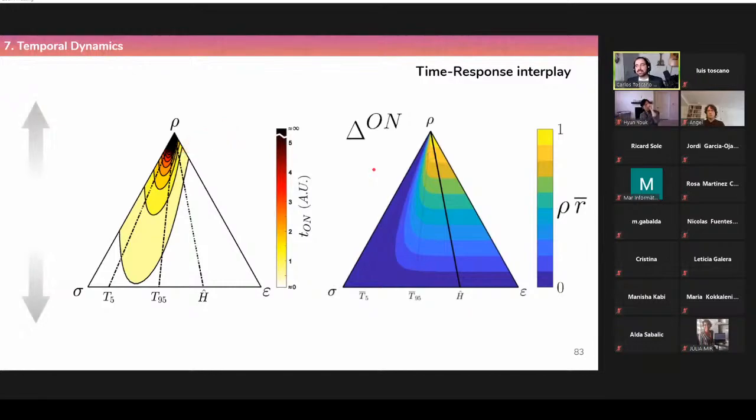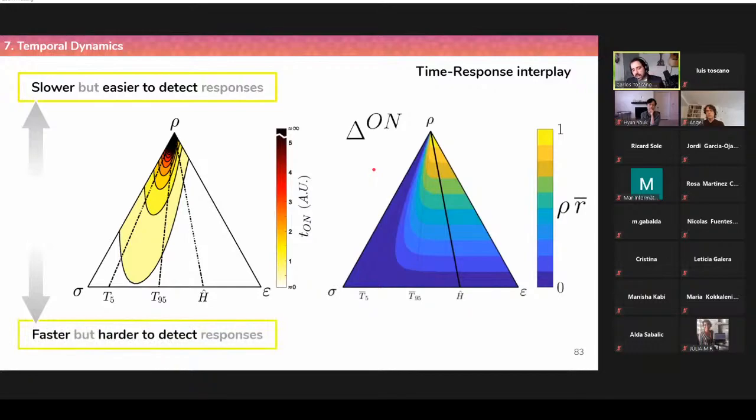So this time response interplay is pretty interesting, because if you're close to the top vertex of our triangle, the response is going to be slower but easier to detect, right? But if we want our wire to be faster, then we need to move to the bottom of the triangle. In that case, our wire will be faster, but we will also have to face the difficulty of sensing the responses.